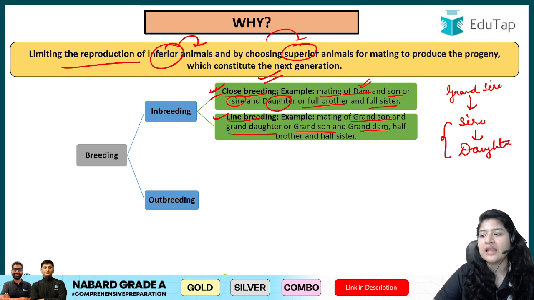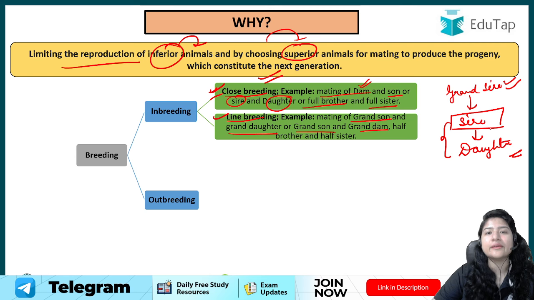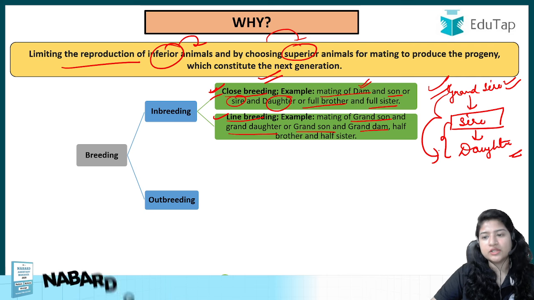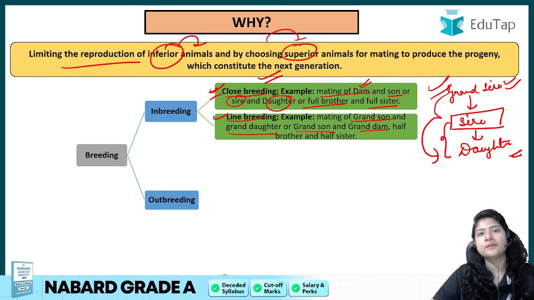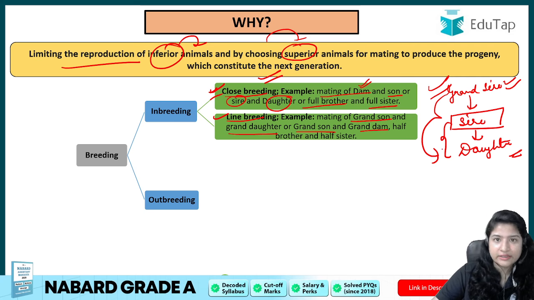But in line breeding, grandsire and daughter are used, so you can say that one generation is skipped. Breeding is among relatives only. Definitely some genes from the grandsire must have transferred to the daughter through the lineage, but they are not immediately related.